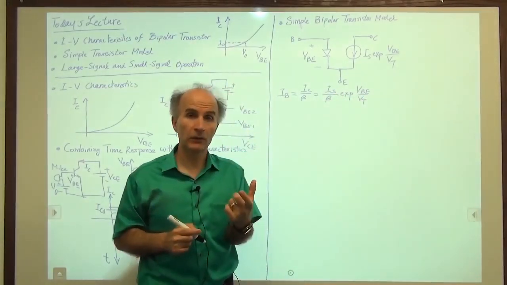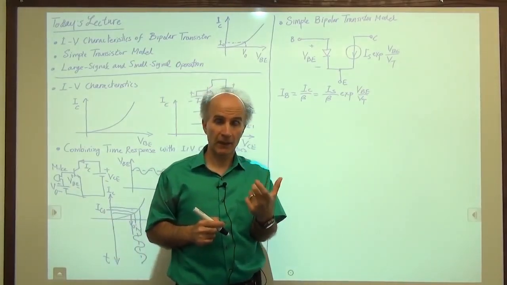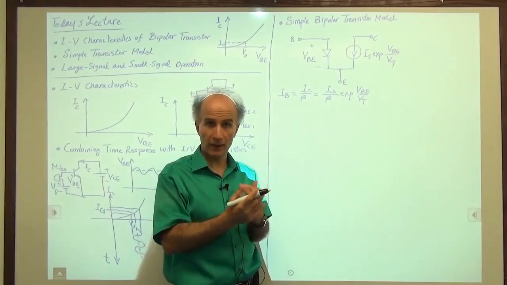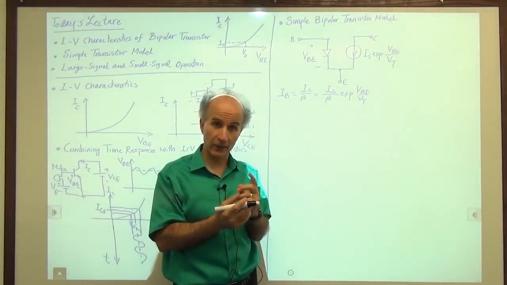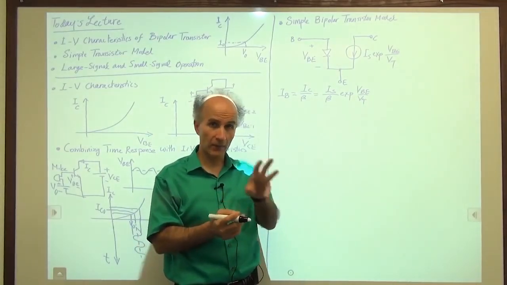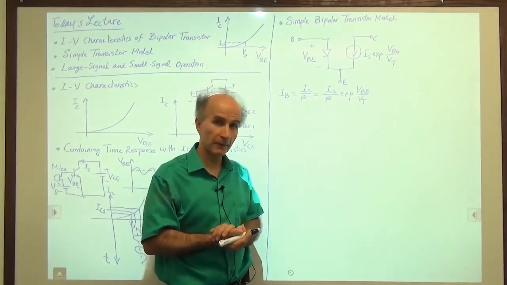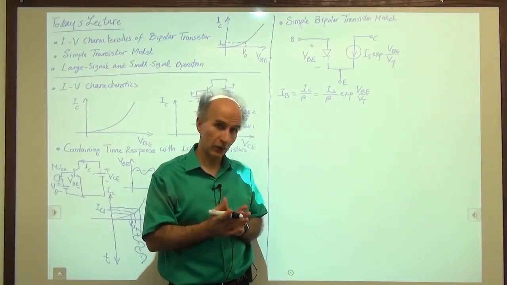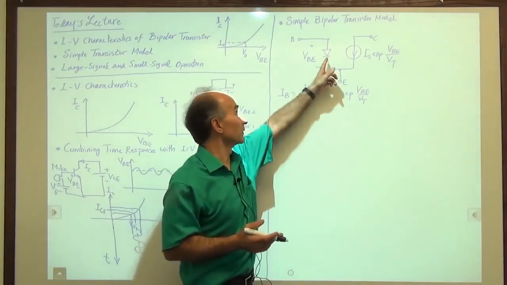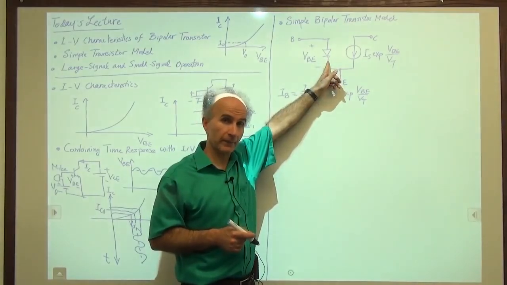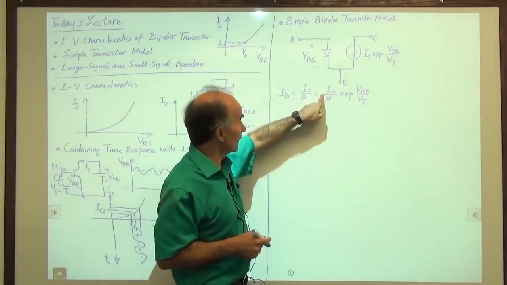Now when you buy a diode, what specification do you need to be able to calculate everything using that diode? We need IS, right? For diodes we had IS times exp of VD over VT. So I have to specify the reverse saturation current of this diode. How much is the IS of this diode? Well, it's this much, right?